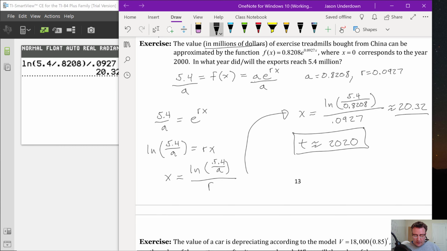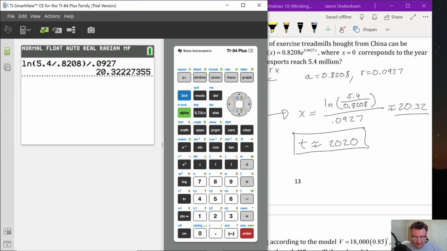So we want to compute 0.8208 times e to the r, which is 0.0927, times the value I just computed, which is up here.